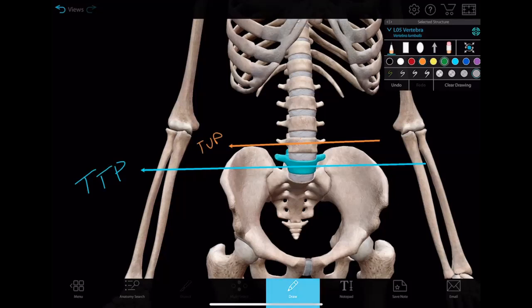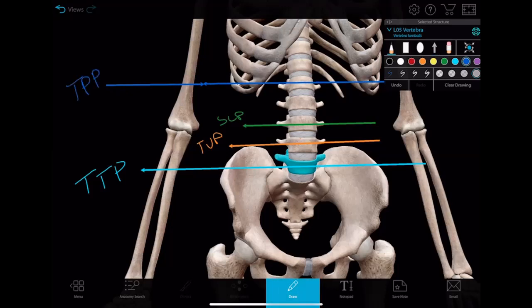And through L3 goes subcostal plane, and through L1 goes transpyloric plane.